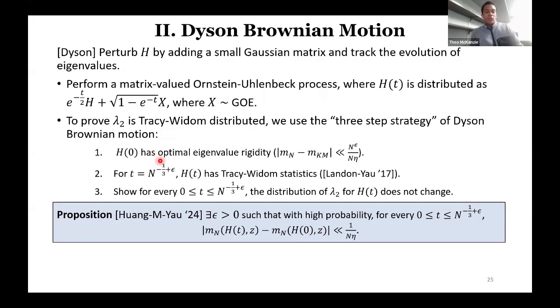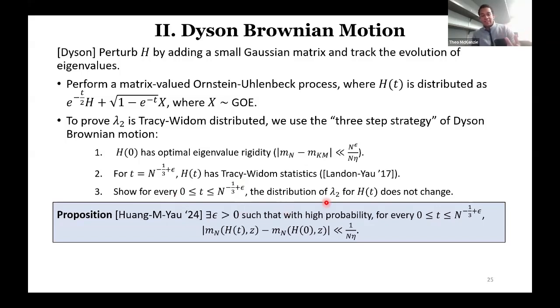So the idea here is to show, first of all, that my eigenvalues have optimal rigidity. So this is like this theorem 1 that we showed before. Second of all, that after I add enough noise, I'm going to have these Tracy-Widom statistics that we're trying to show convergence to. And then finally, what we need to do is show that when I added this noise, I haven't actually changed my distribution that much. And this was the last thing that we had to show.